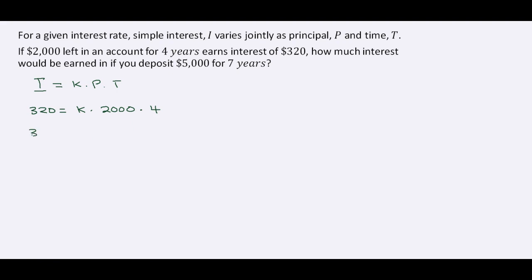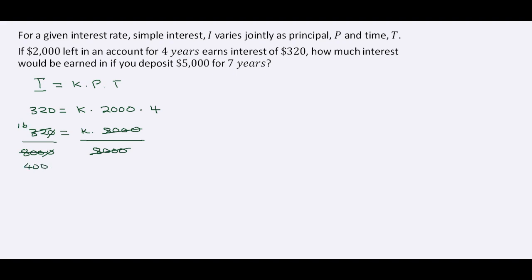So now 320 is K multiplied by 8,000. So now we divide both sides by 8,000 to get the value of K. So these zeros cross out here. 2, we have 16. We have 400.